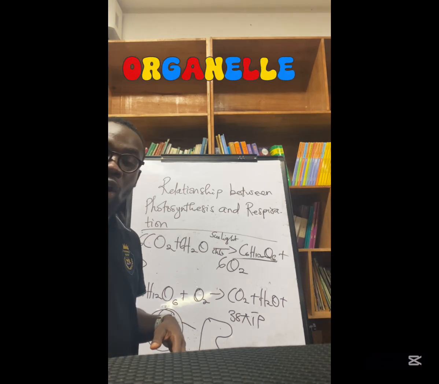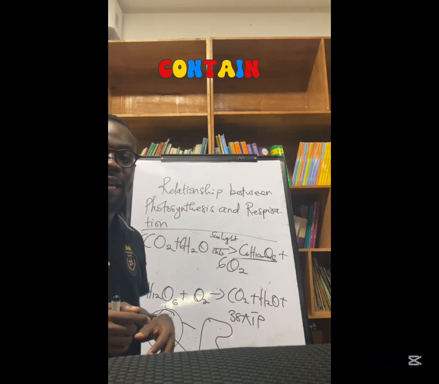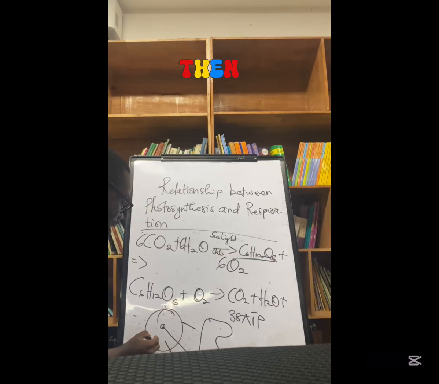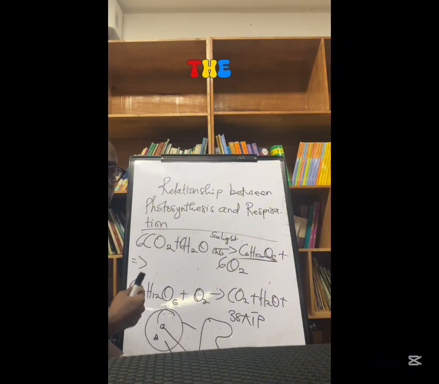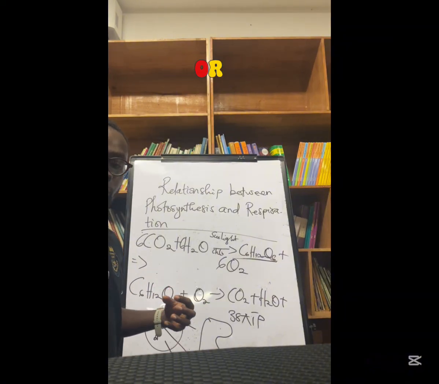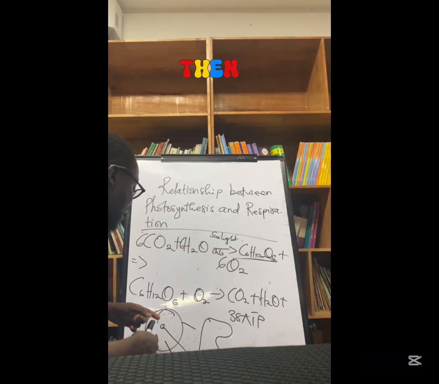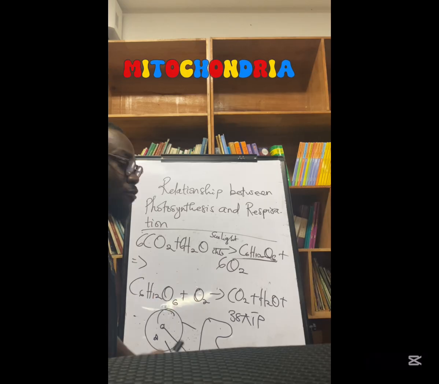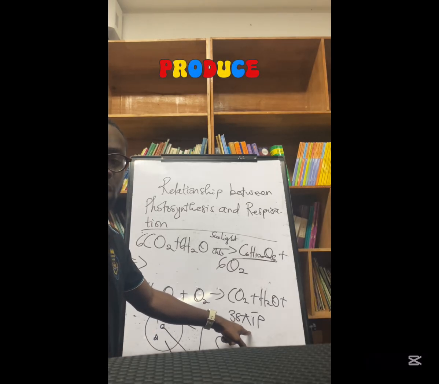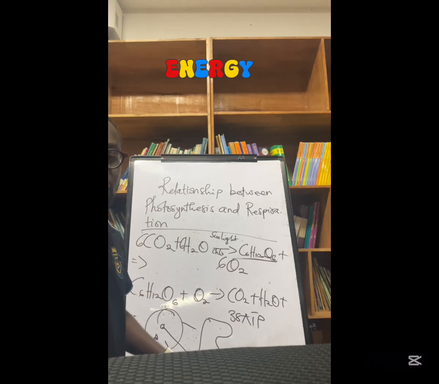Now, mind you, another organelle every cell contains is the mitochondria. And then we say that the mitochondria is the powerhouse of a cell. Therefore, if the powerhouse of the cell produces enough energy, then in respiration, the more mitochondria the organism has, the more energy the organism can produce for us.